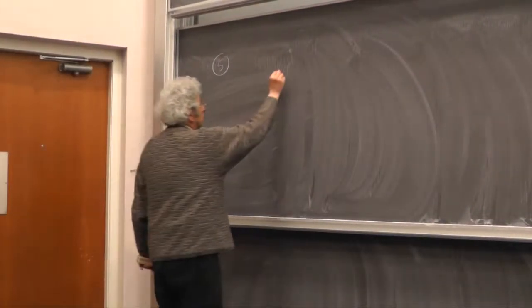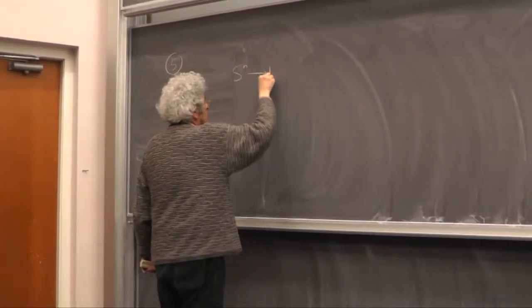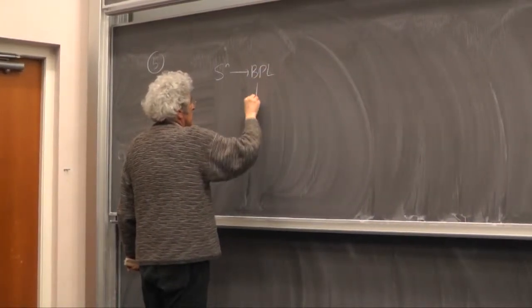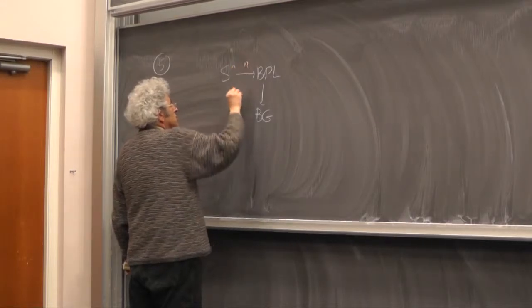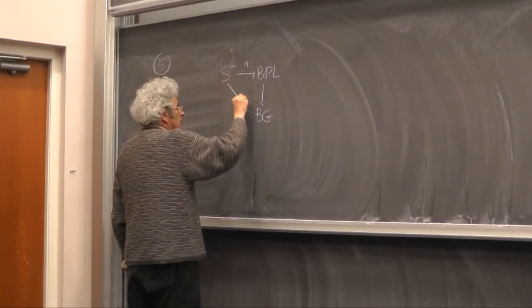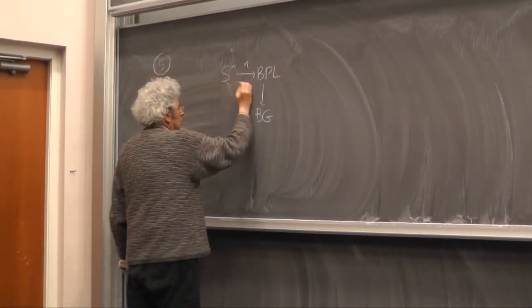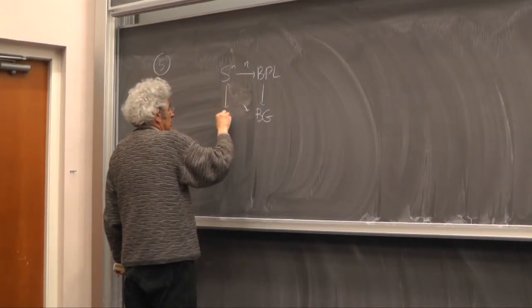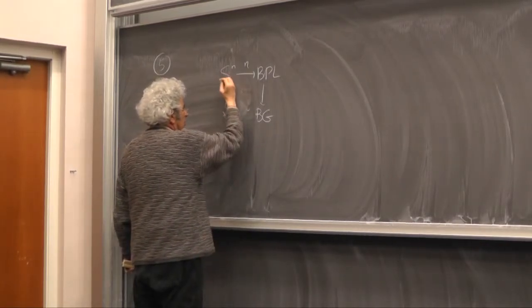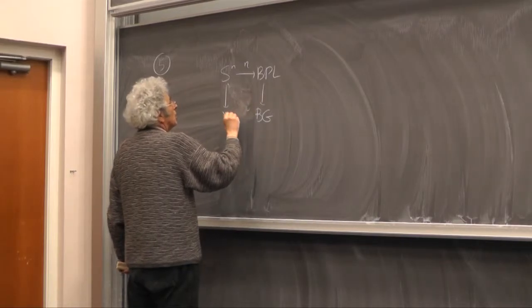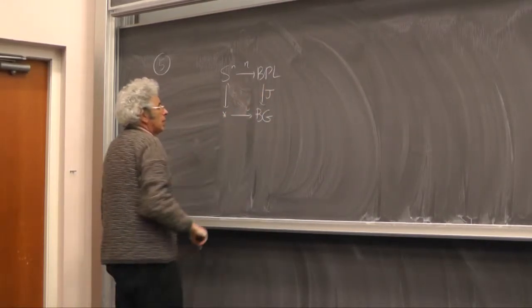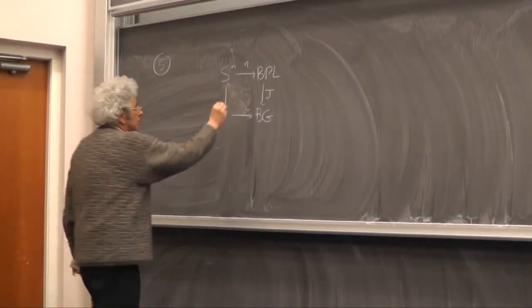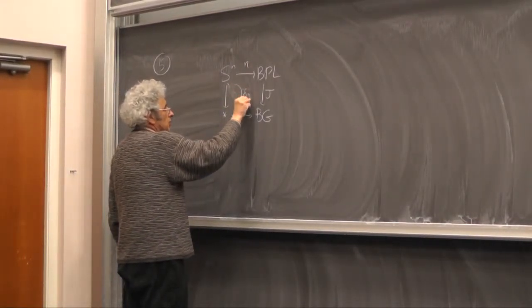So supposing we did have a, let's call this, that, and this. What I mean by this, I'll use this for homotopy.